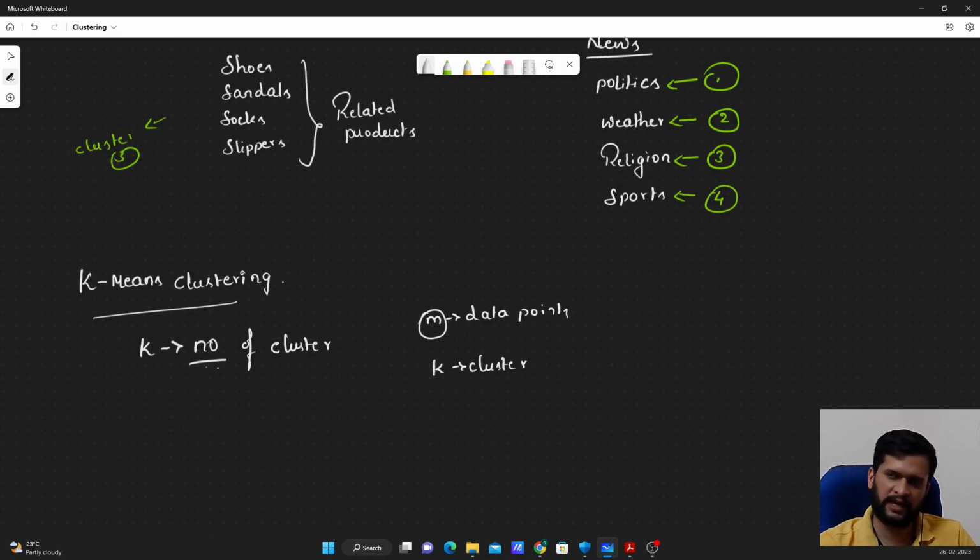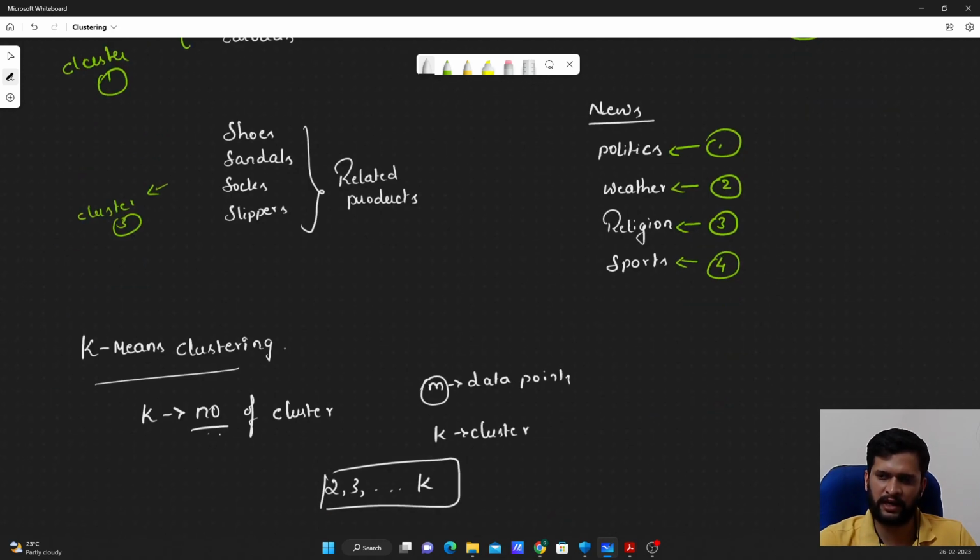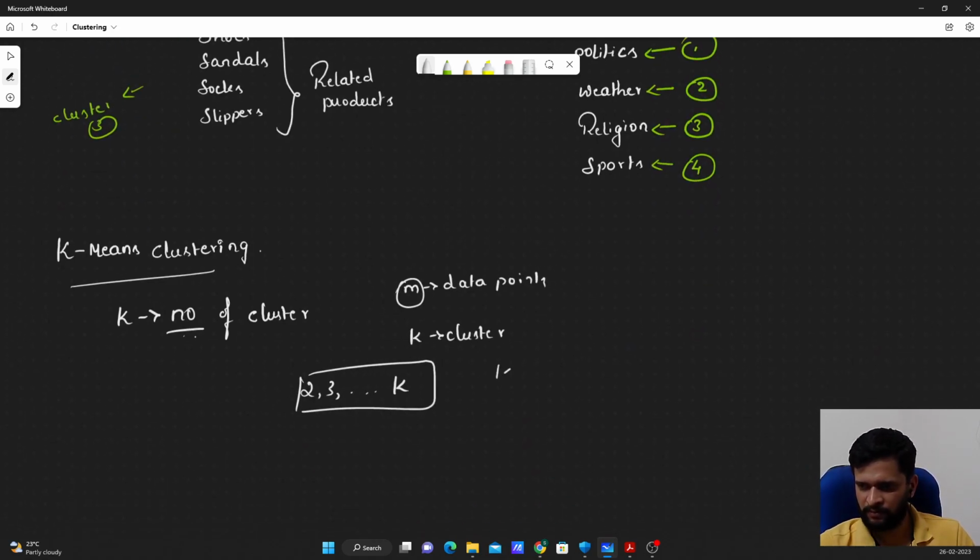Okay, this k can be anything, 2, 3, up to capital K, this can be any number. So in this case, if we consider these three set of categories, we have k is equal to 3. Okay, so we have 3 clusters here, so this capital K will be equal to 3. So this is what k in k-means stands for.